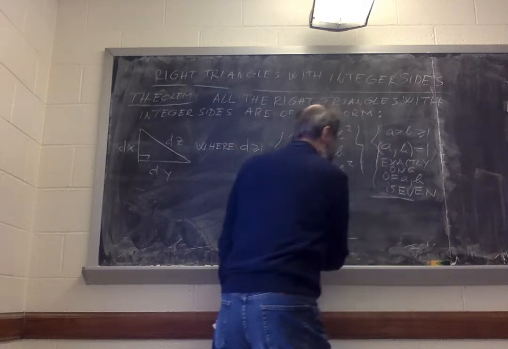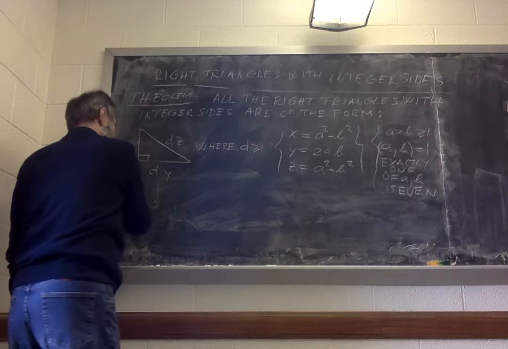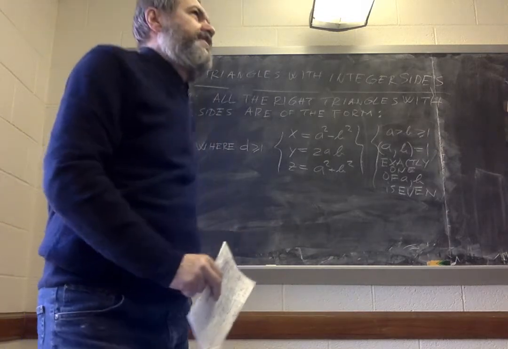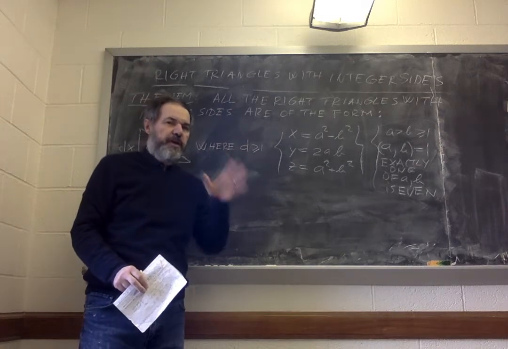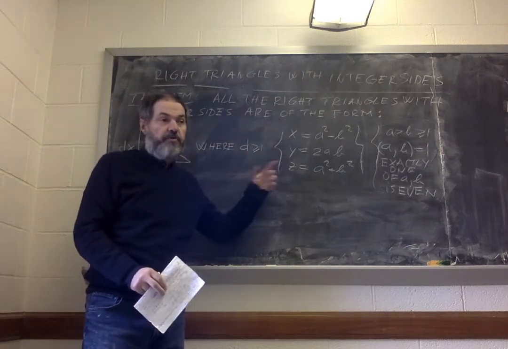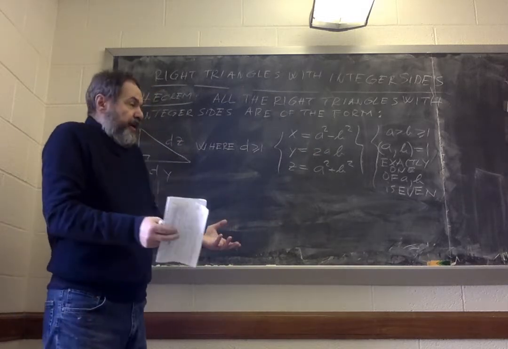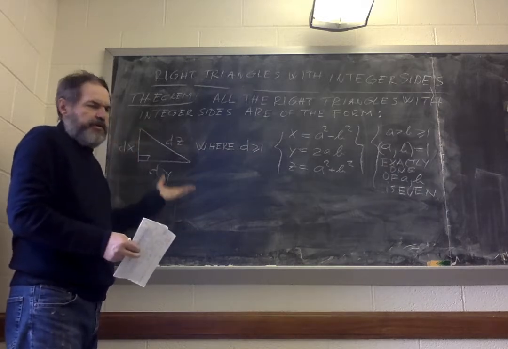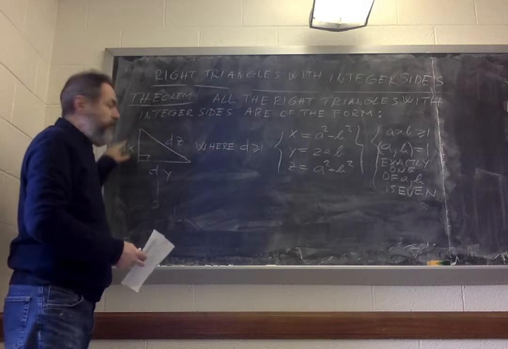A more subtle reasoning is the following. How do I know that any triangle with integer sides is of this form? How do you prove such a thing? Well, first of all, you look at the triangle and you see if the three numbers have a common factor d, you write it like that: d times something, d times something.